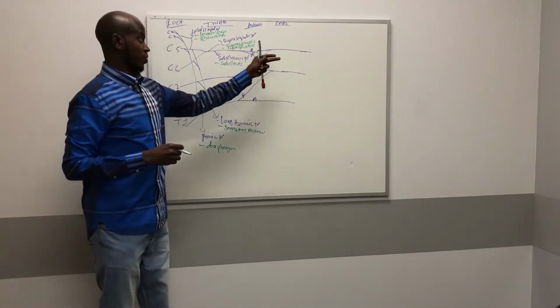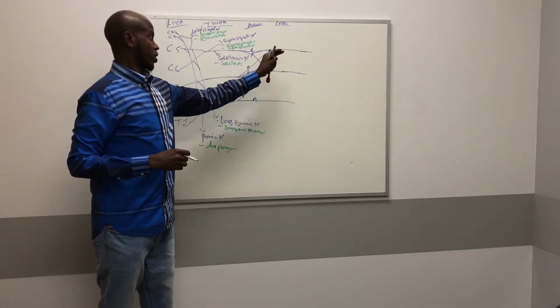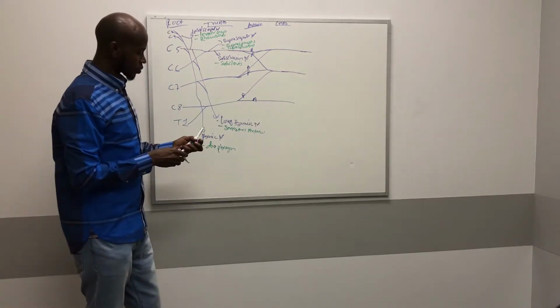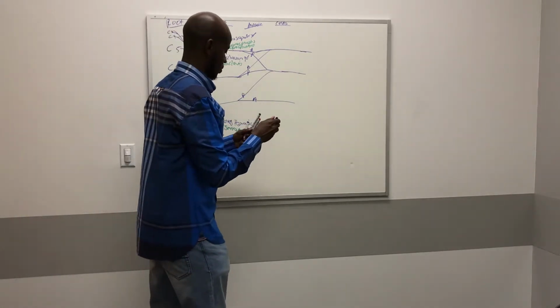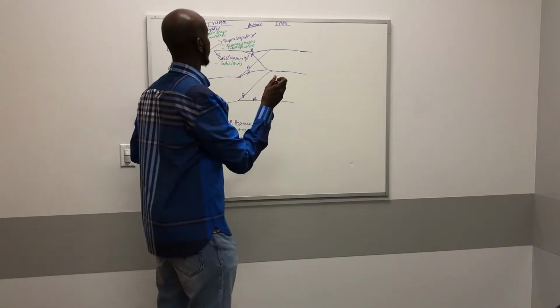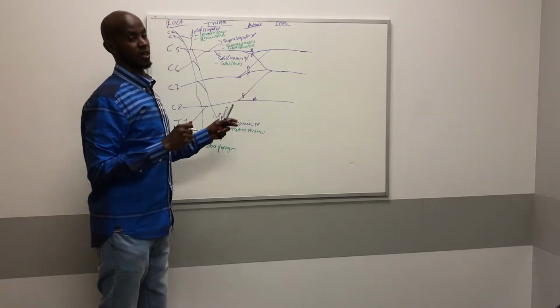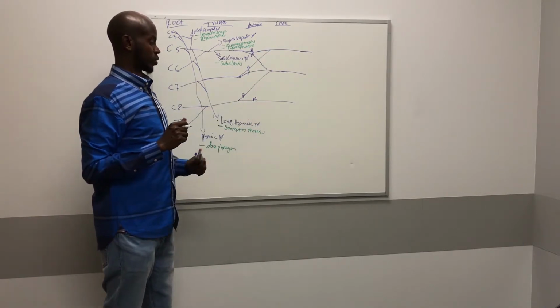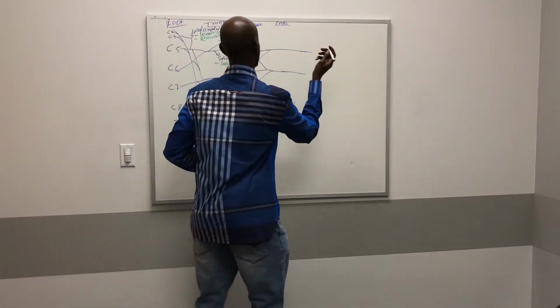In terms of the cords, we have the lateral cord, posterior cord, and medial cord. Now there are small branches that come off from the posterior cord, lateral cord, and also medial cord. So let me write down those.